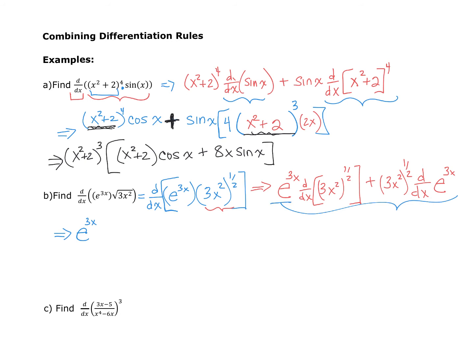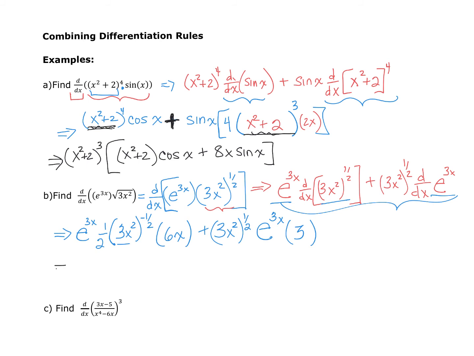E to the 3x, and then the derivative here would be 1/2 3x squared to the minus 1/2, and then the derivative of the inside would give me 6x plus 3x squared to the positive 1/2, and then the derivative of e to the 3x is e to the 3x times the derivative of 3x, which is 3.